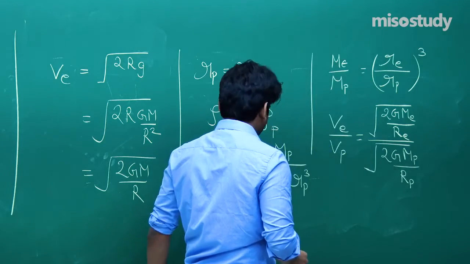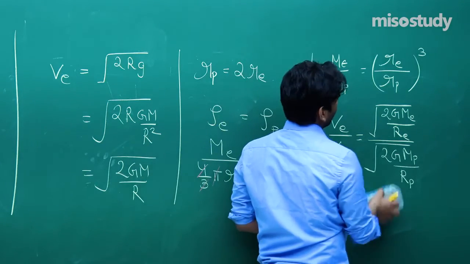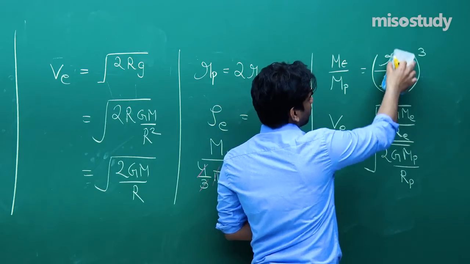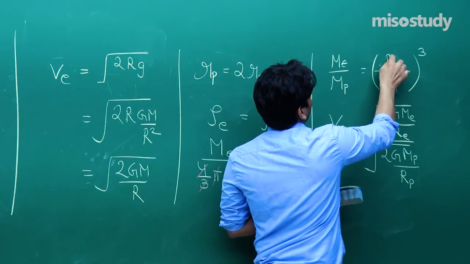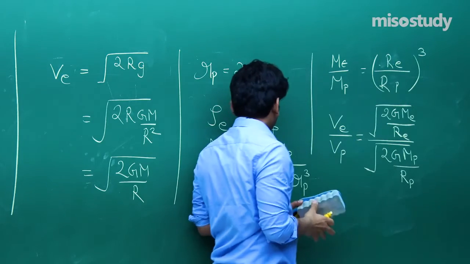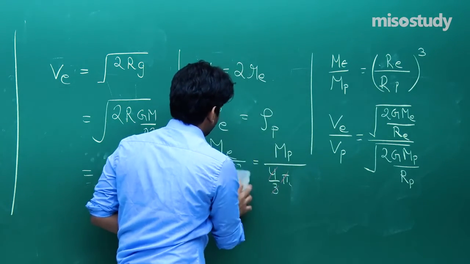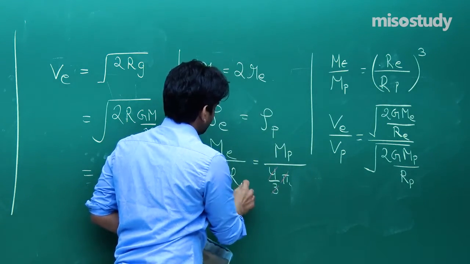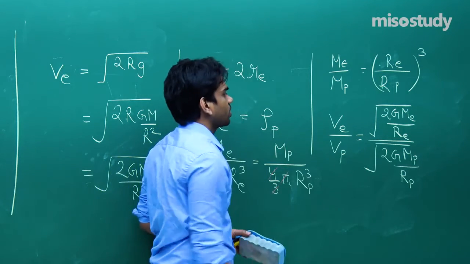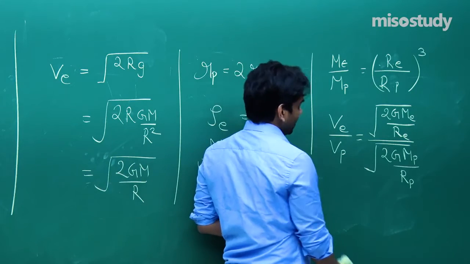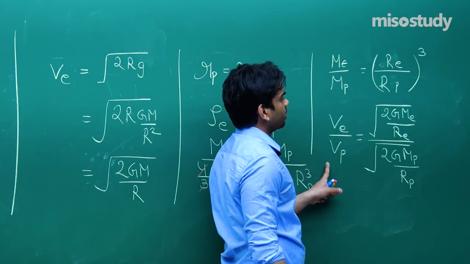See, I have written capital R here, or you can use Re, that you can actually change to capital R. That will be far better for our calculation purposes. So I'll just change the notation, you can also change it for simplicity, because everywhere we used capital R. Now you see here, easily we can find the relation VE by Vp.